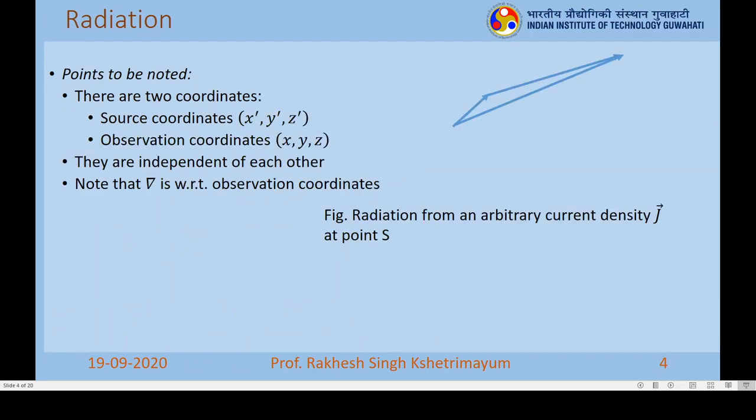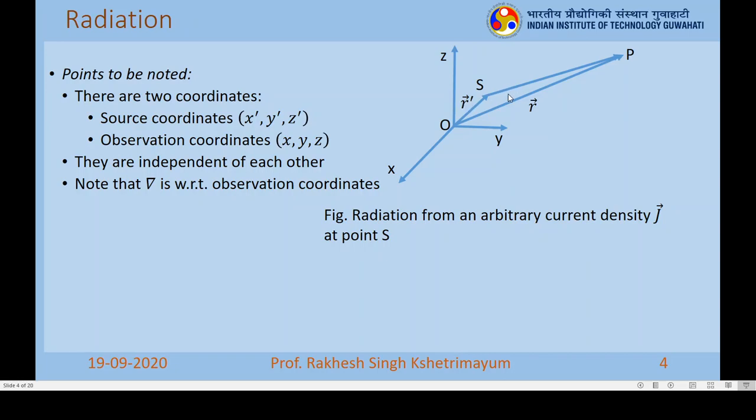First things first, we need to know the coordinates for the source and observation. This is the XYZ Cartesian coordinate system. Let's say this is the origin, this is the observation point P, and this is the source point S. The vector from O to P is denoted by r, and the vector from O to S is denoted by r dash.